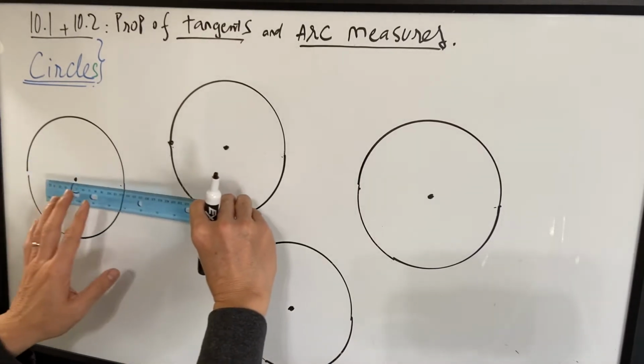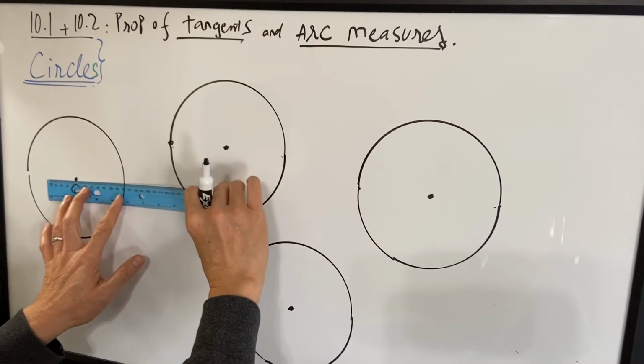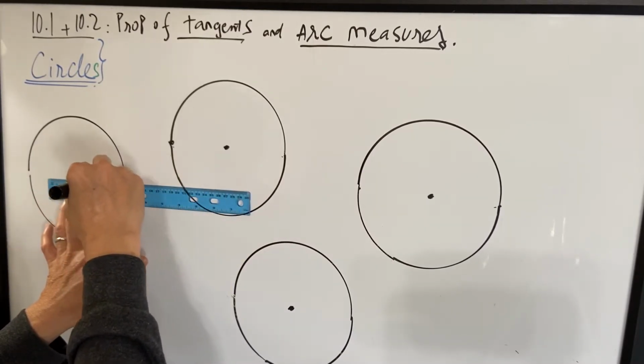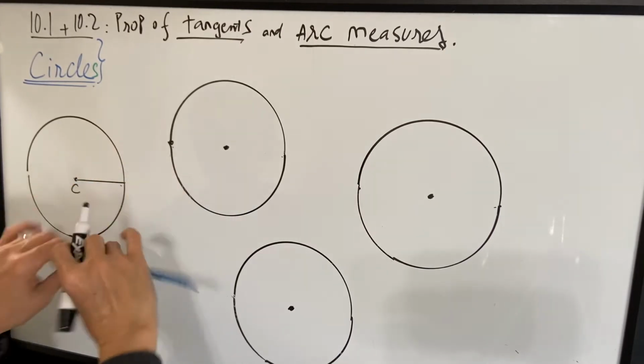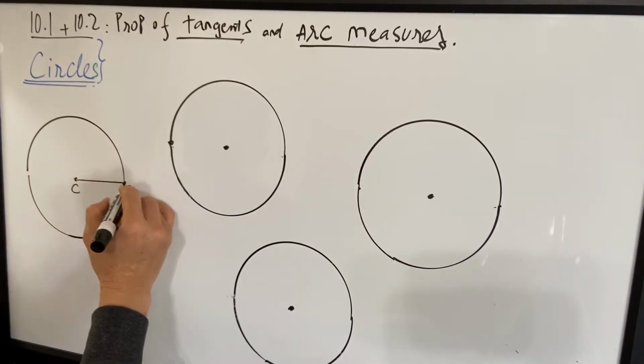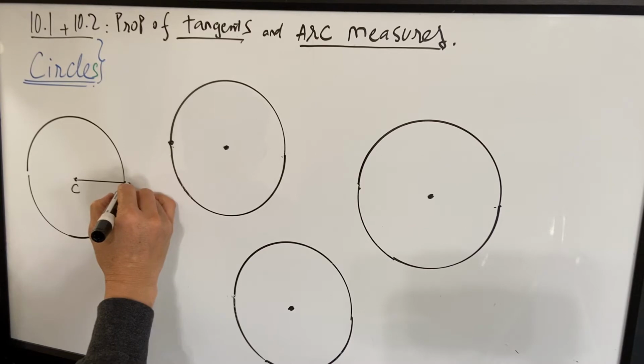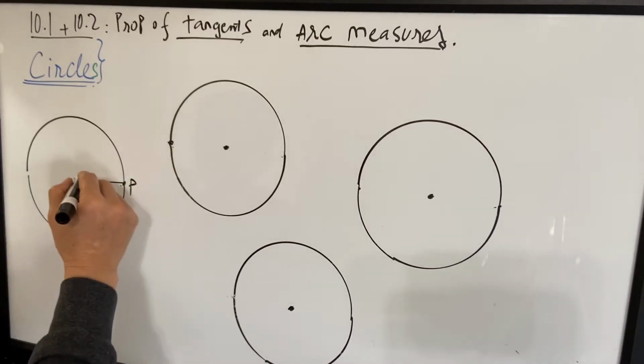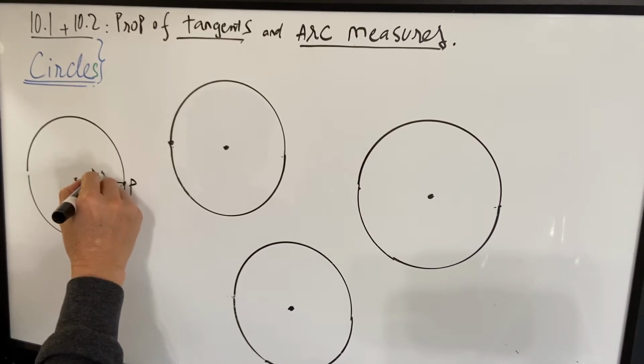If you take a ruler and connect from the center to any point on the circle, let's call this point P. Then you say CP is the radius.